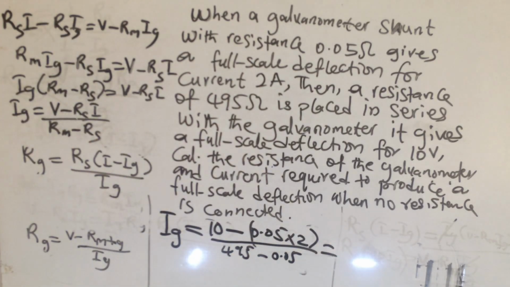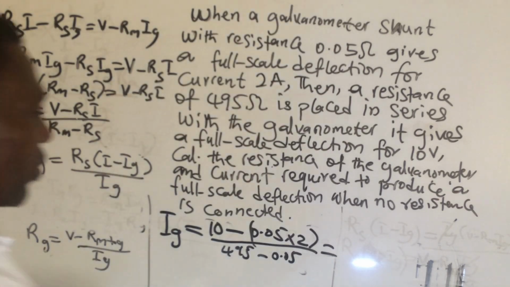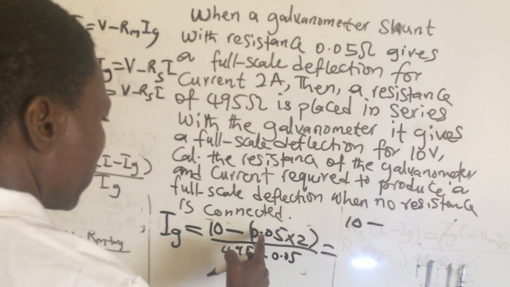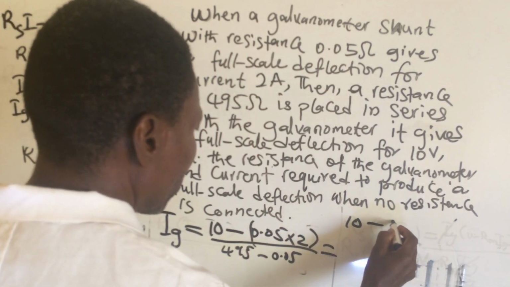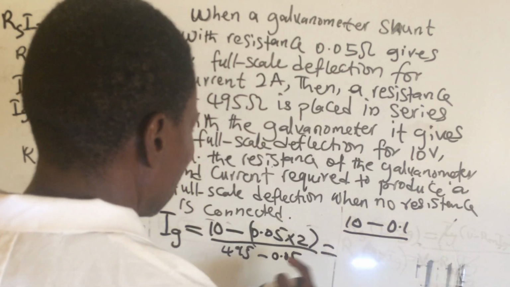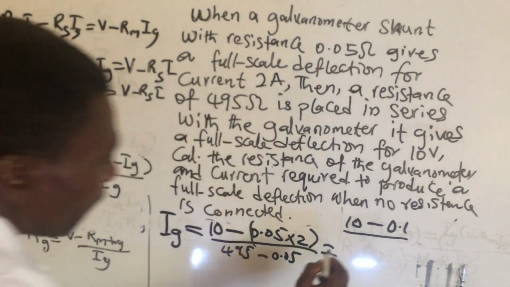When we continue, we now multiply. If we multiply now, 10 minus 0.05 times 2 will give us 9.9 all over this minus this.